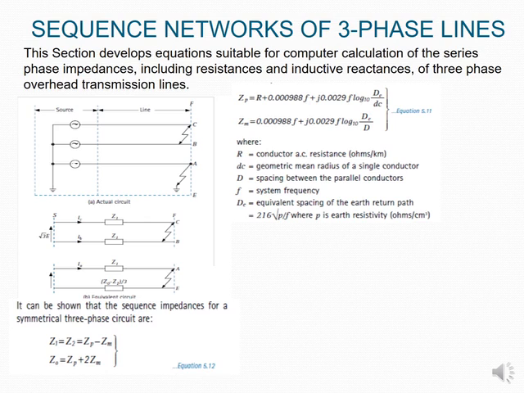So in this case, I will know that my Z1 being equal to Z2 will actually give me ZP minus ZM. And my Z naught will be ZP plus 2 times my ZM.